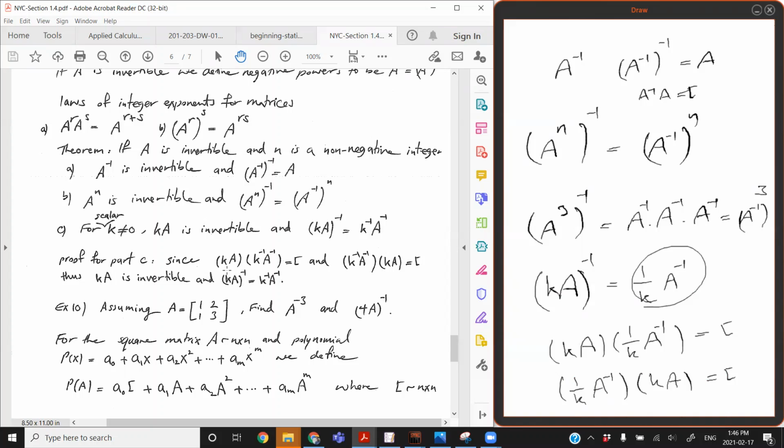And I think this is obvious because K over K is 1 and A times A inverse is I. So this is going to be 1 times I, which is I. Same for this one. 1 over K times K is 1. And A inverse times A is I. So this is 1 times I, which is going to be I. Is the theorem clear?